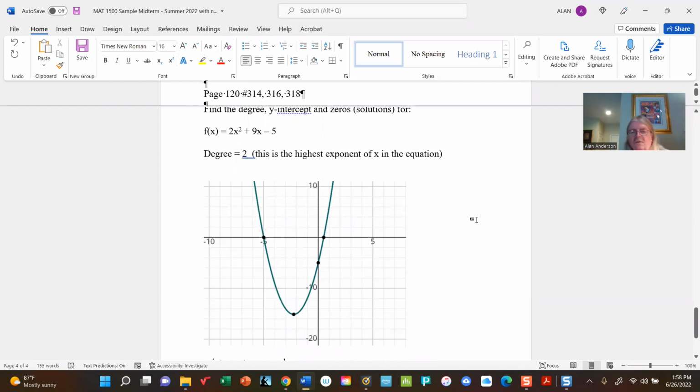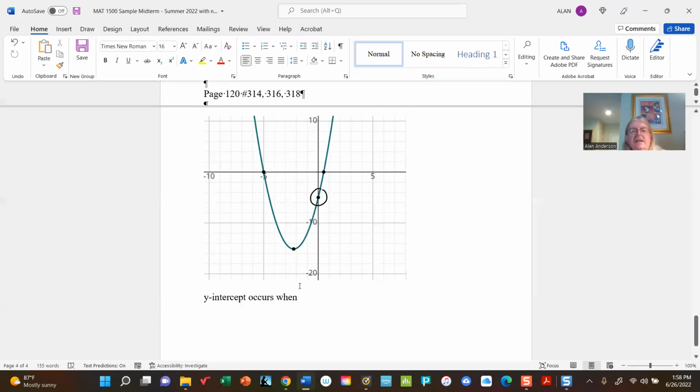Okay, in other words, this is what they're looking for right here. Where does it cross the y-axis? This is the point where x equals 0. That's the key to the whole thing.